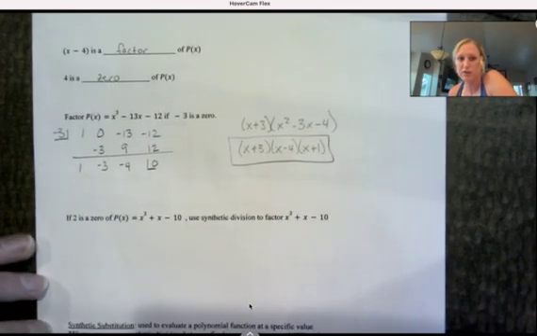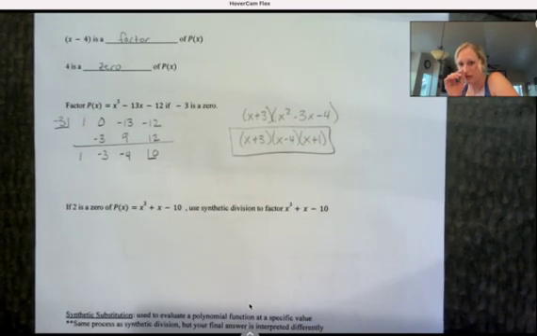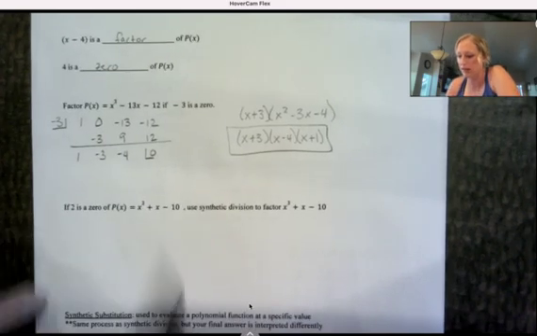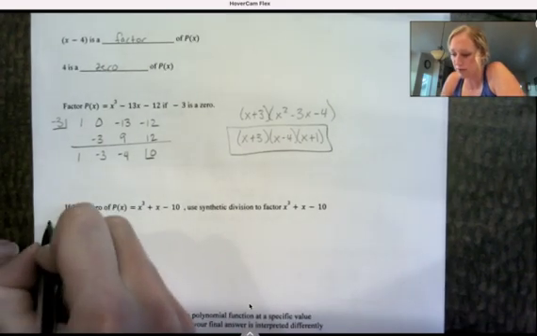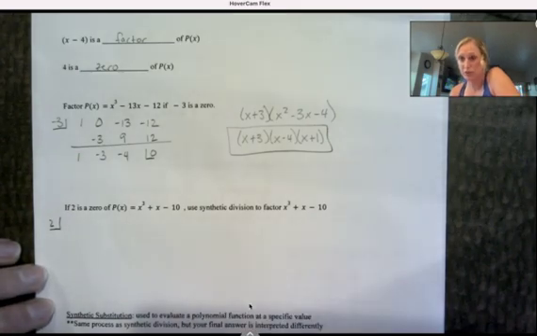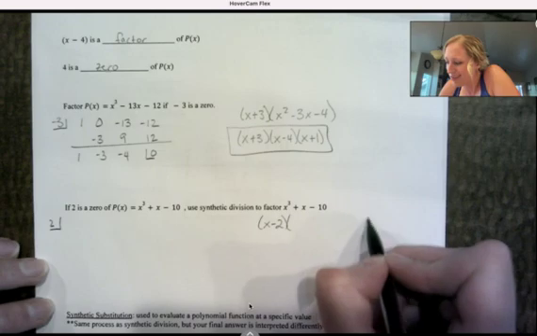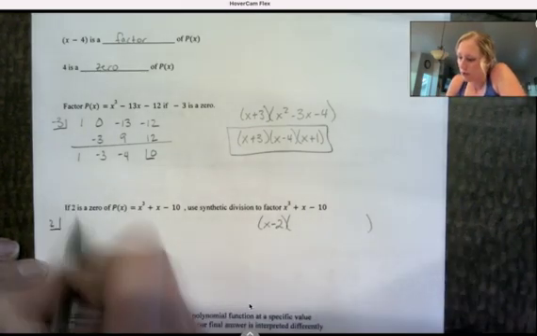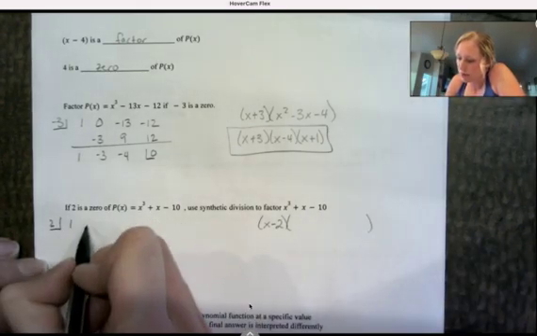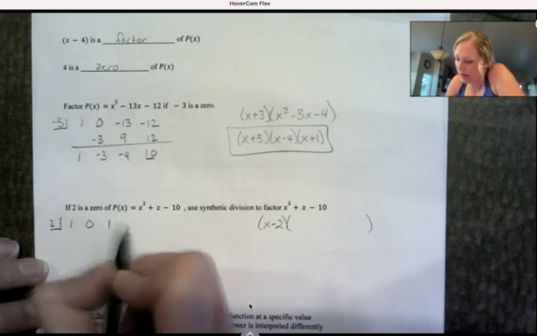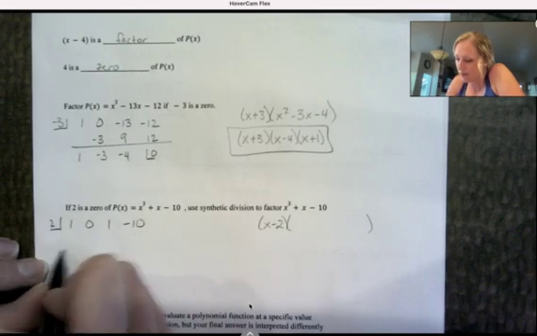All right. If 2 is a 0, use synthetic division to factor. This is exactly the same thing. So if 2 is a 0, 2 goes in the box, and x minus 2 is the factor. So I know I have x minus 2 times something, okay? I have 1x cubed, 0x squared, 1x, and negative 10.